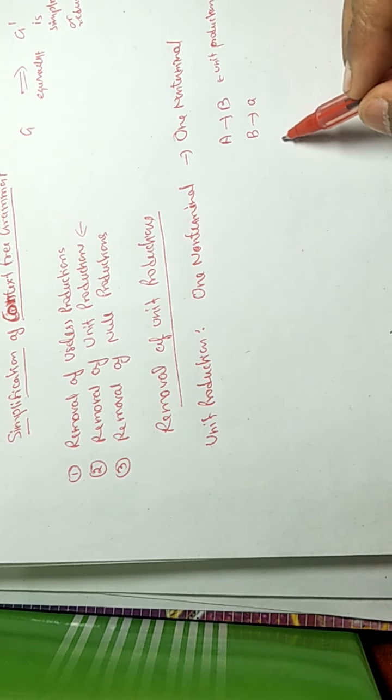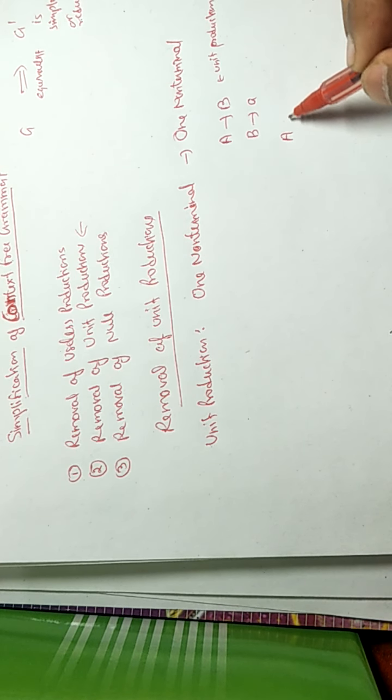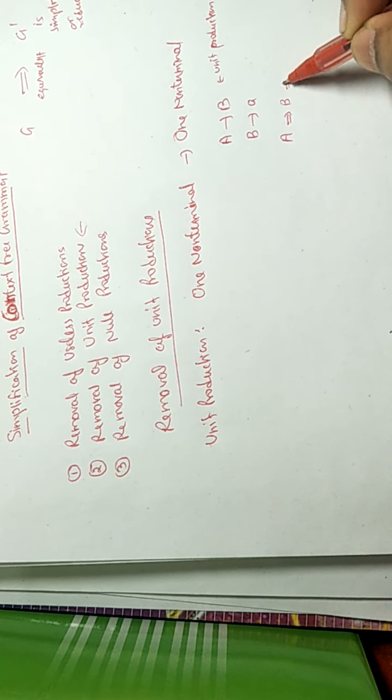While we are deriving a string, we replace A by B and then put the value of B here.